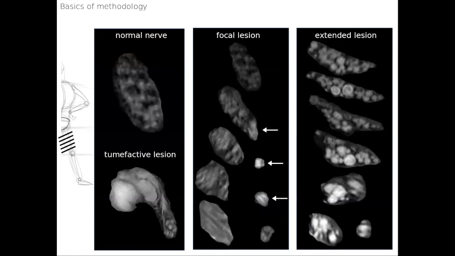You can have focal lesions where you have the signal intensity with or without morphological changes, meaning cross-sectional area changes of the peripheral nerve just at the focal site, where the signal intensity and the rest of the morphology is normal, proximal and distal to the lesion. Or you can also have extended lesions that run from the plexus to the most distal parts of the nerve.